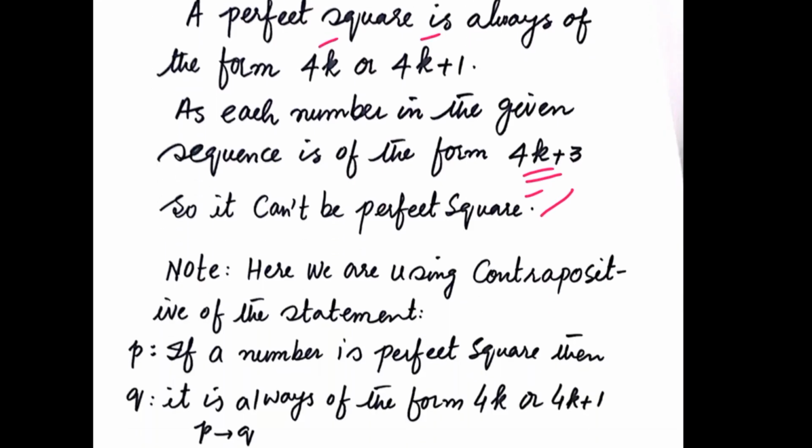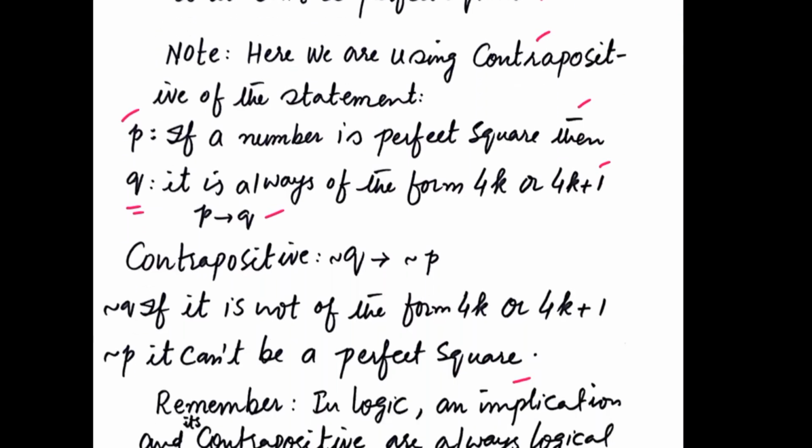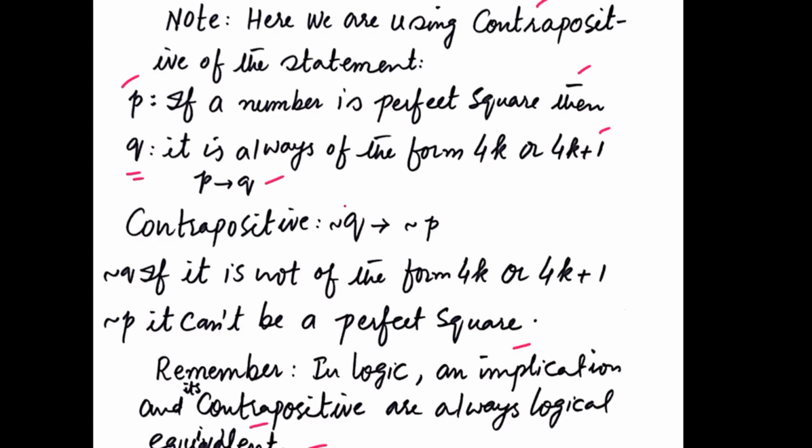Note: here we are using the contrapositive of the statement. Suppose my statement P says if a number is a perfect square, then Q: it is always of the form 4k or 4k plus 1. This is my implication: P implies Q. Its contrapositive is negation Q implies negation P, where negation Q is it is not of the form 4k or 4k plus 1, and negation P is it cannot be a perfect square.